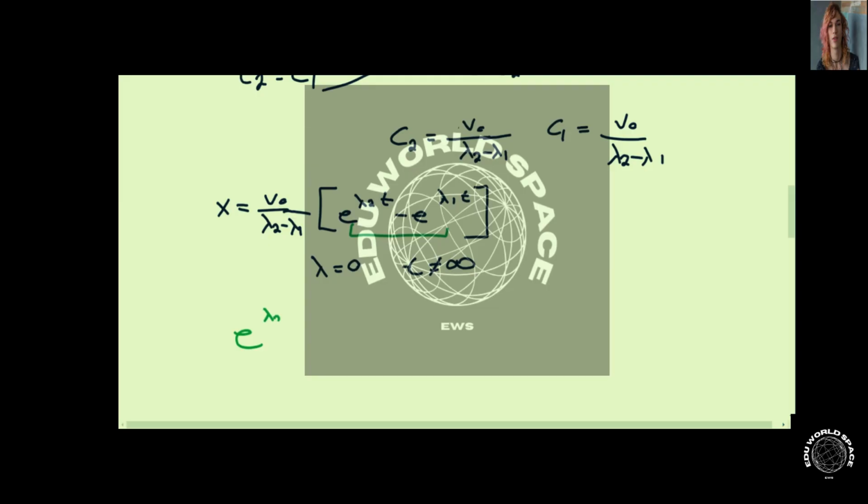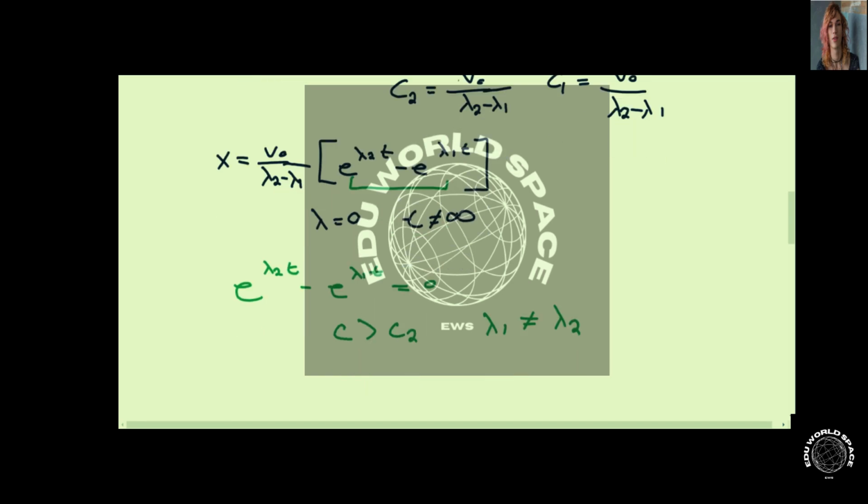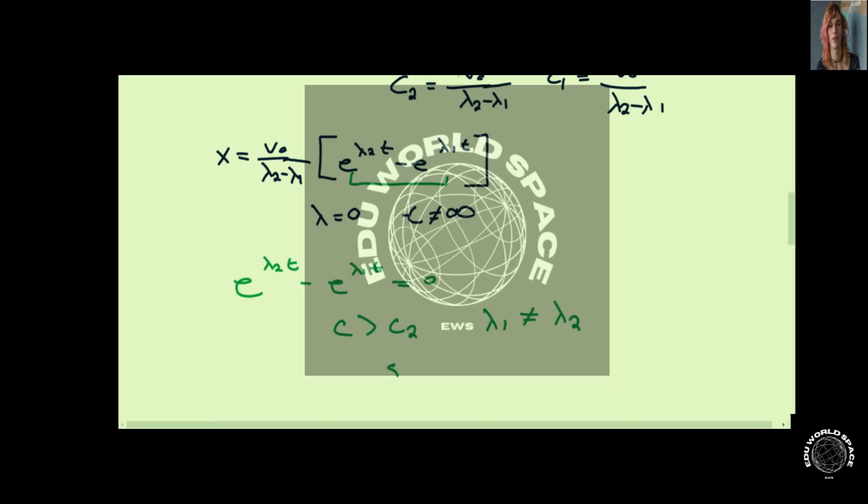And for this case, your damping coefficient is going to have to be bigger than the c2. And your lambda 1 is not going to equal your lambda 2. So because of this, a solution exists for t. Okay? Thank you guys.